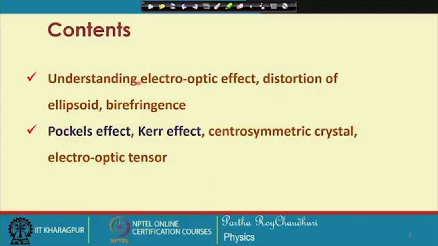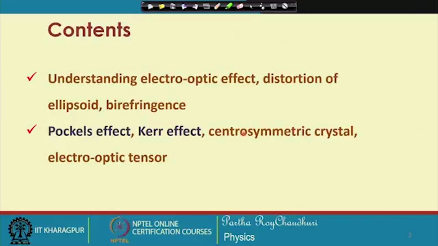First, we will look at the understanding point of electro-optic effect, then the index ellipsoid, its distortion under electric field, corresponding induced birefringence. Then we will categorize the two kinds of electro-optic effects, the Pockels effect and Kerr effect.